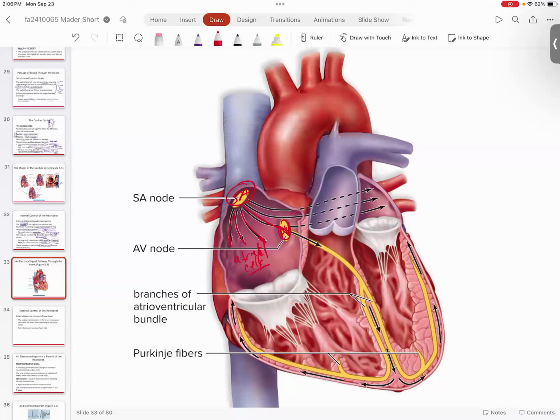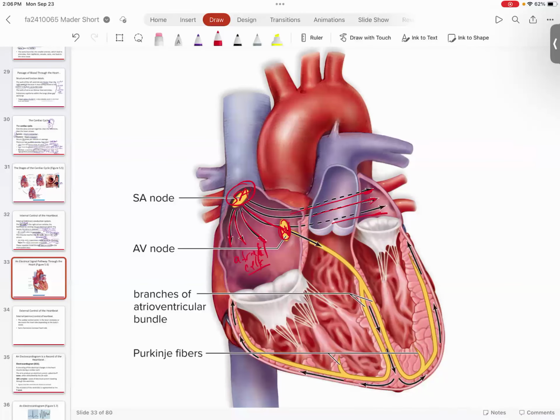It's also sending it to the left atrium to contract as well. So the SA node is sending signals out to a couple of places. The AV node to pass it forward, and also the other atrial cells, both right atrial cells and left atrial cells, to tell those cells to contract so they all contract at the same time, left and right at the same time, okay? So it's basically communicating this out to everybody. You can think of this as sending an email out to a group list.